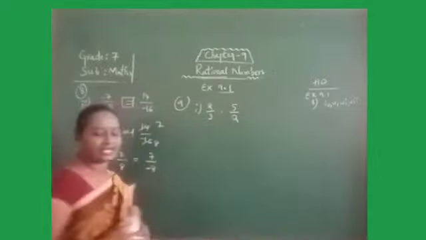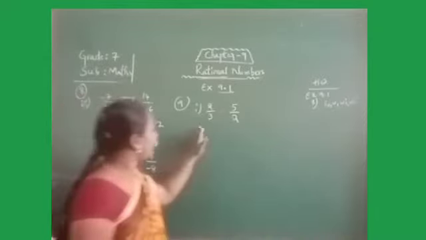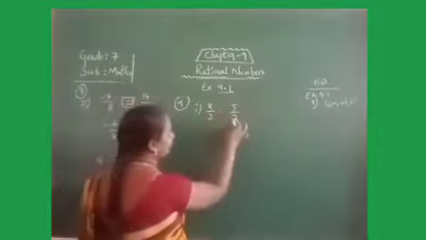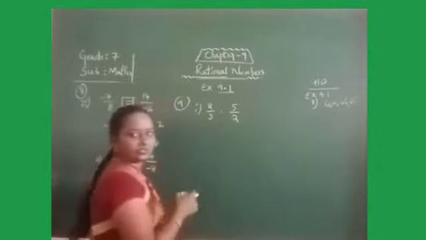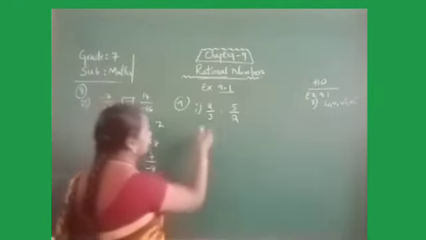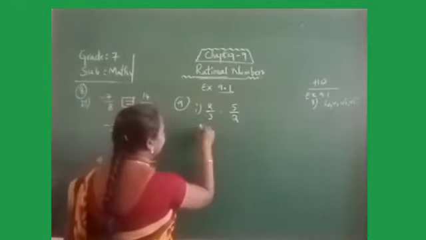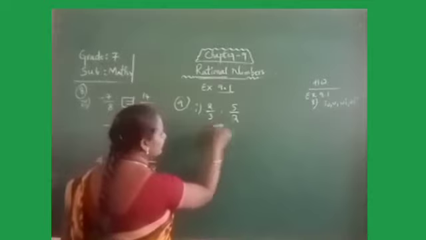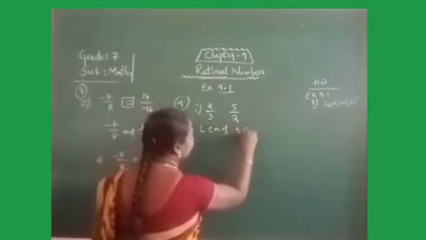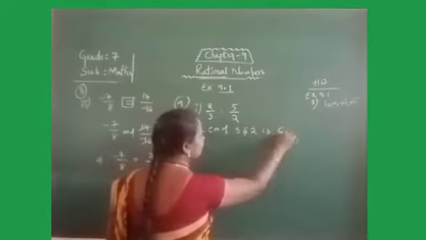Every fraction is a rational number. Here 2 by 3 and 5 by 2, which one is greater? We have to convert these rational numbers into like fractions. What is the LCM of 3 and 2? The LCM of 3 and 2 is 6.